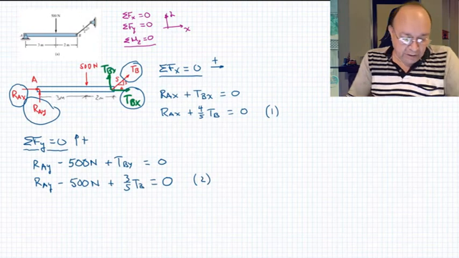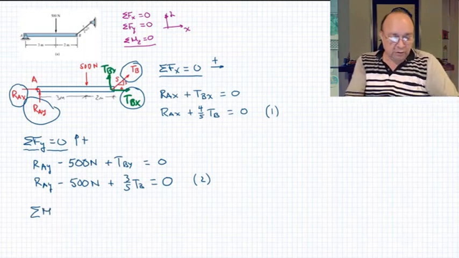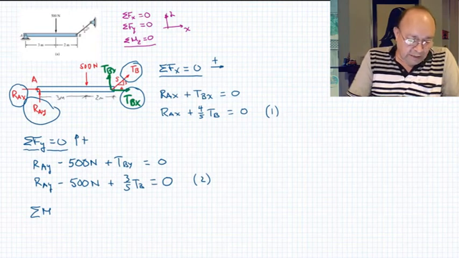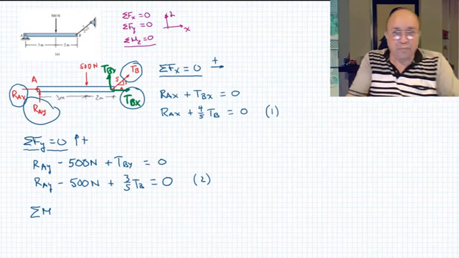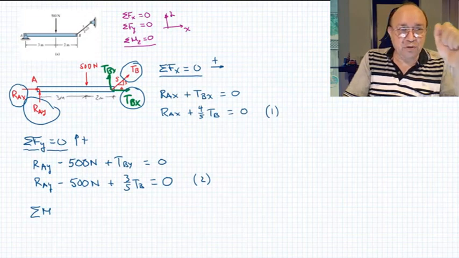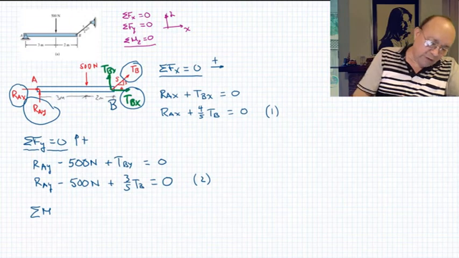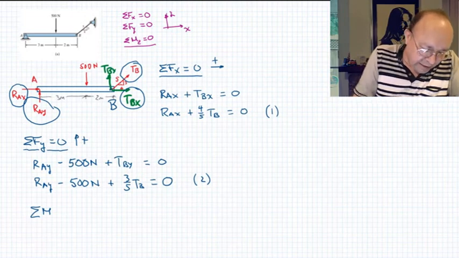And then there will be another equation, summation of moments, so we can do summation of moments about any point. You can choose any point that you want. So what will be a nice point to choose? Usually you choose a point where you can eliminate as many unknowns as possible. And that point in this case is going to be point B. Why? Because at point B you have one unknown, TB, completely gone, and another unknown, RAX.